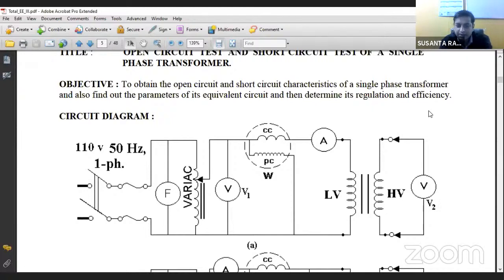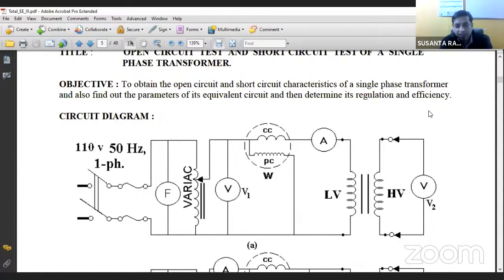The net current drawn from the primary or the supply is called the no load component of current, I0. Now this I0 is the summation of IM plus IC, but this summation is a vector summation. So I0 vector is equal to IM vector plus IC vector. These are the two currents which flow in the open circuit condition.